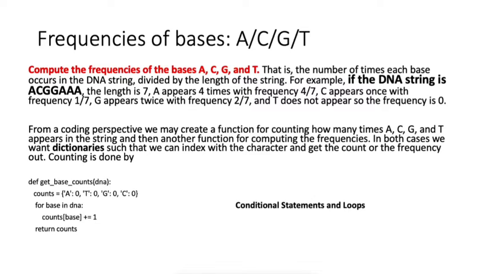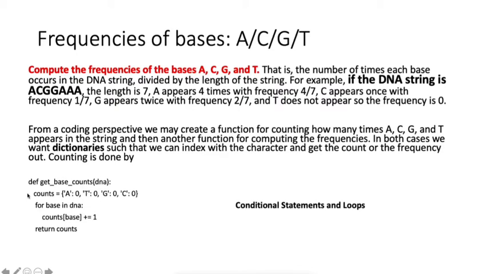It's just that in this case, the dictionary is context dependent. Because the thing we want related to the bases is their count or their frequency, there's something called a key-value pair in which the character of the base would be the key, and the count or the frequency would be the value related to it.